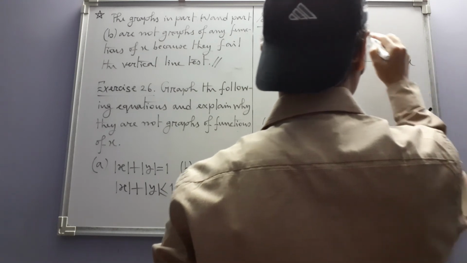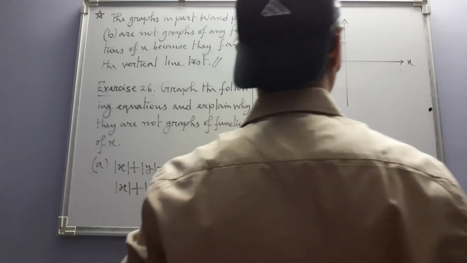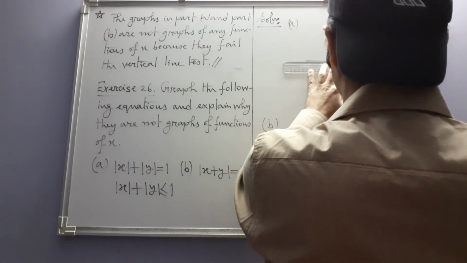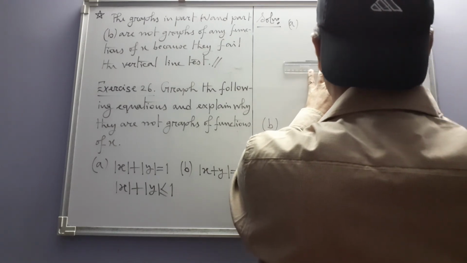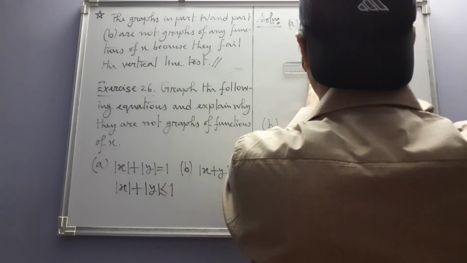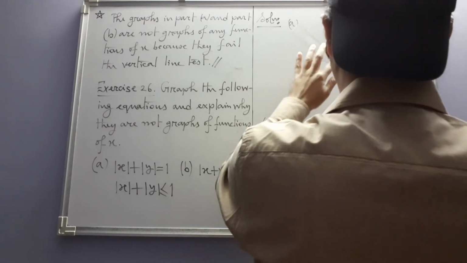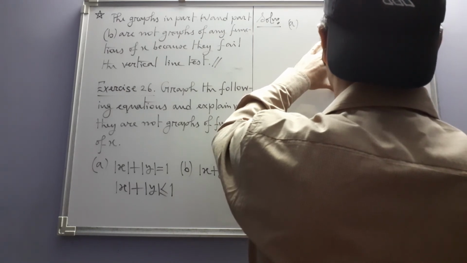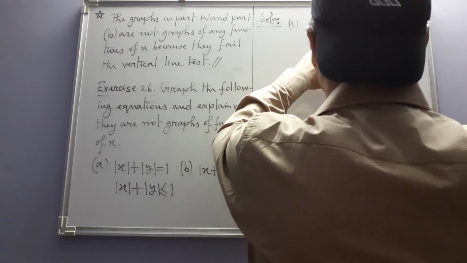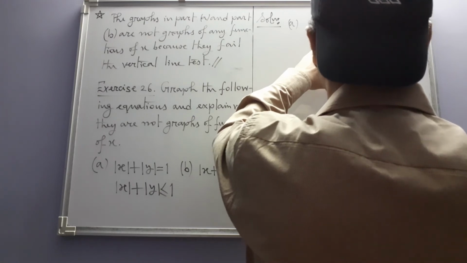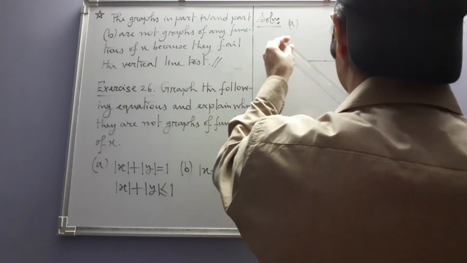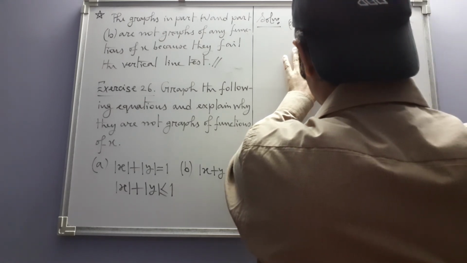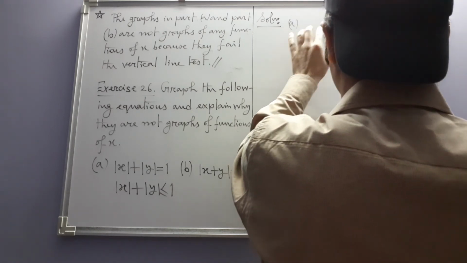This is the x-axis, this is the y-axis, and say these are the points at distance 1 unit from the origin and on the axis. Join these points to draw the square.